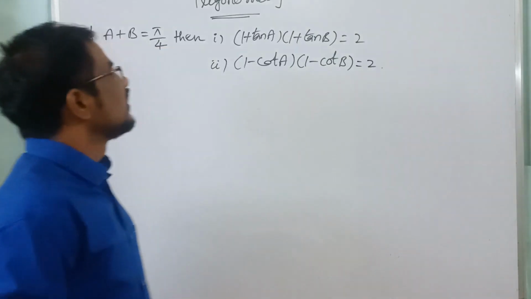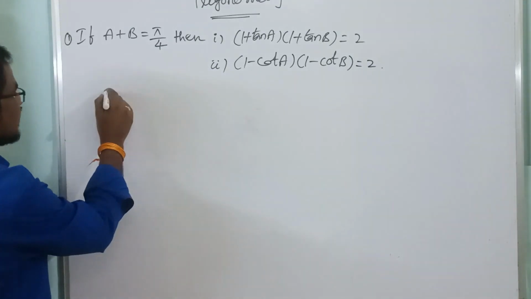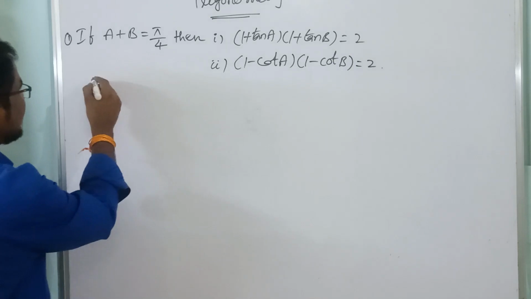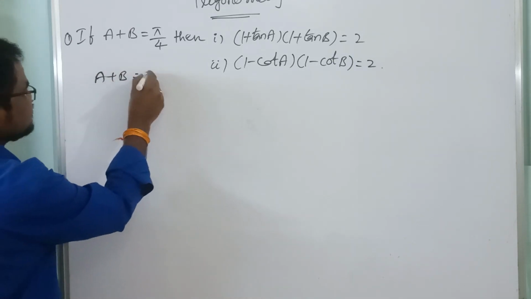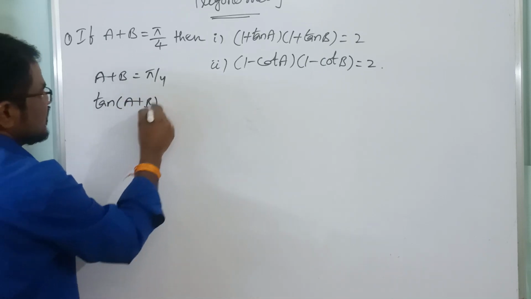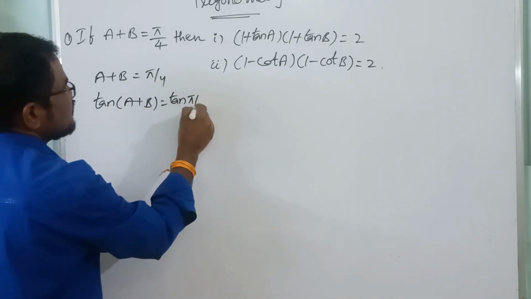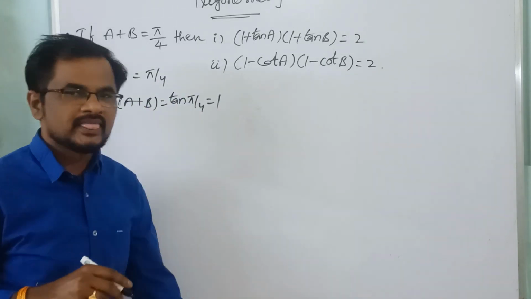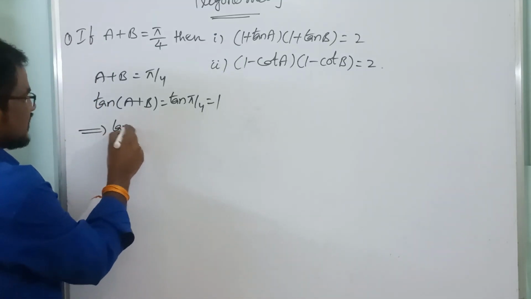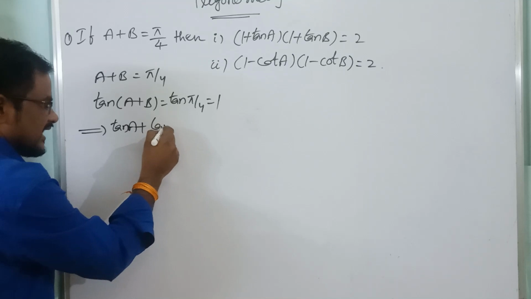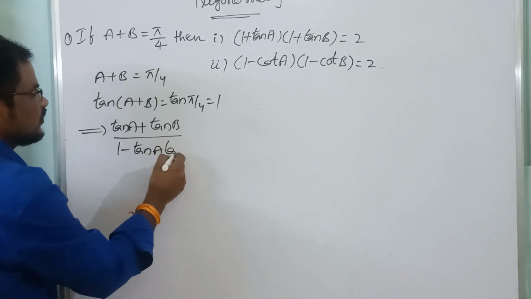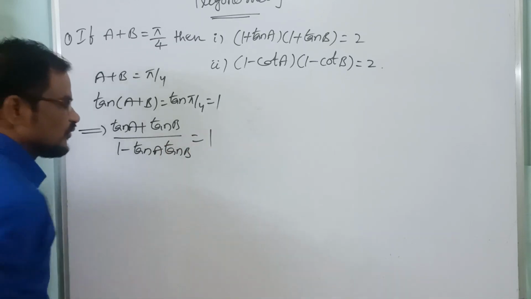Now for the first one, take the given condition, a plus b equals pi by 4. Apply tan on both sides. Tan of a plus b equals tan pi by 4, which is 1. Now apply the tan a plus b formula: tan a plus tan b divided by 1 minus tan a into tan b equals 1.